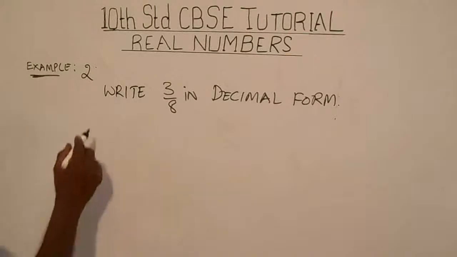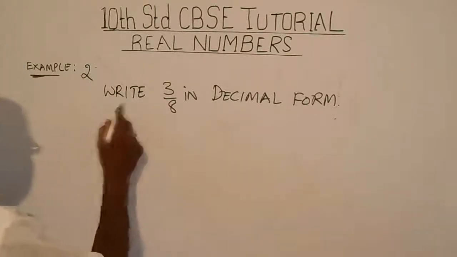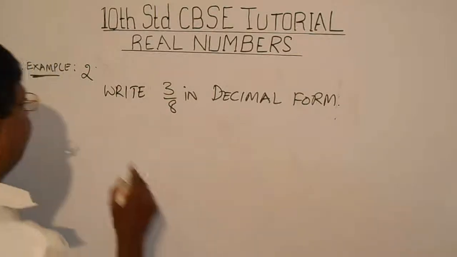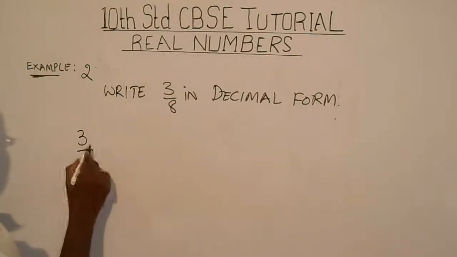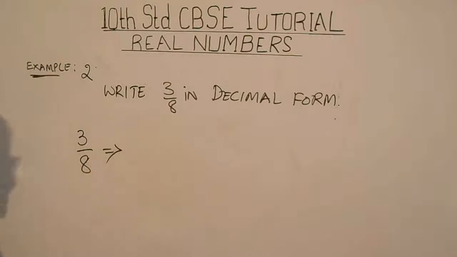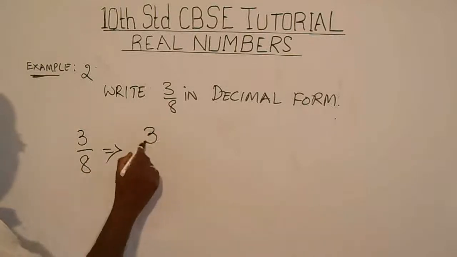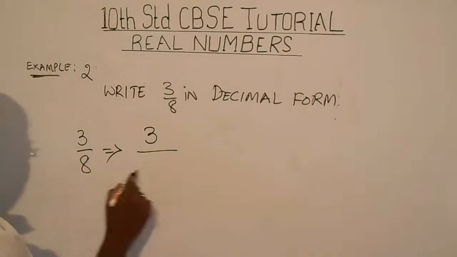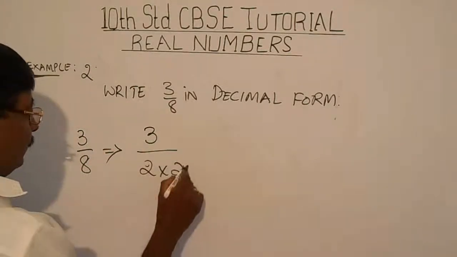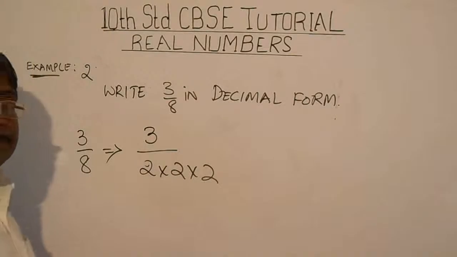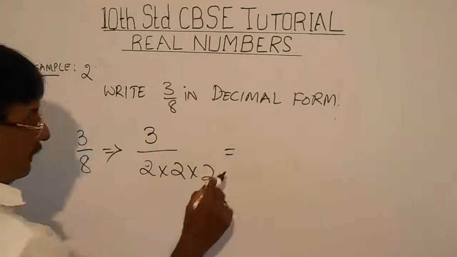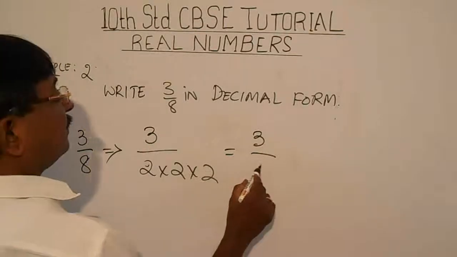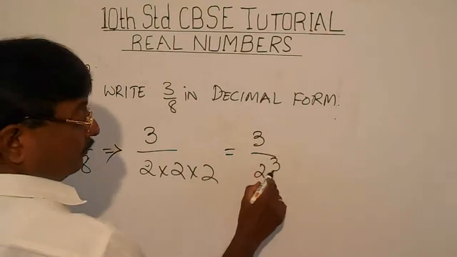Okay, let us look into the second sum. Write 3 by 8 in decimal form. 3 by 8 can be rewritten as 3 divided by the factors of 8, that is 2 into 2 into 2, so 3 by 2 to the power of 3.